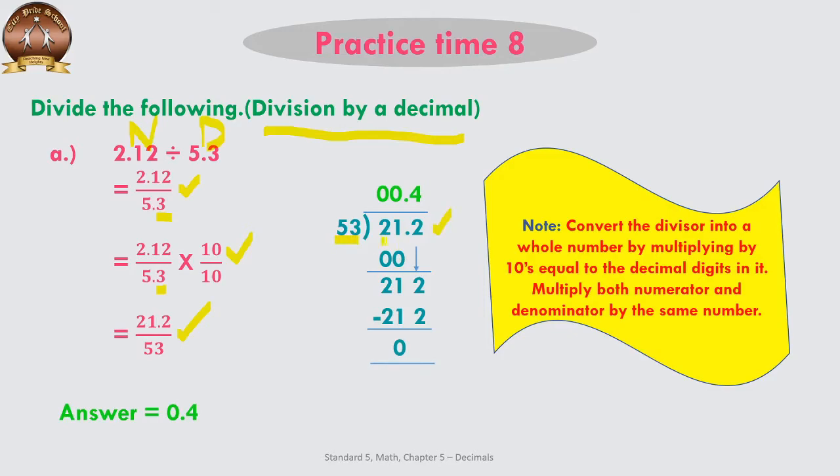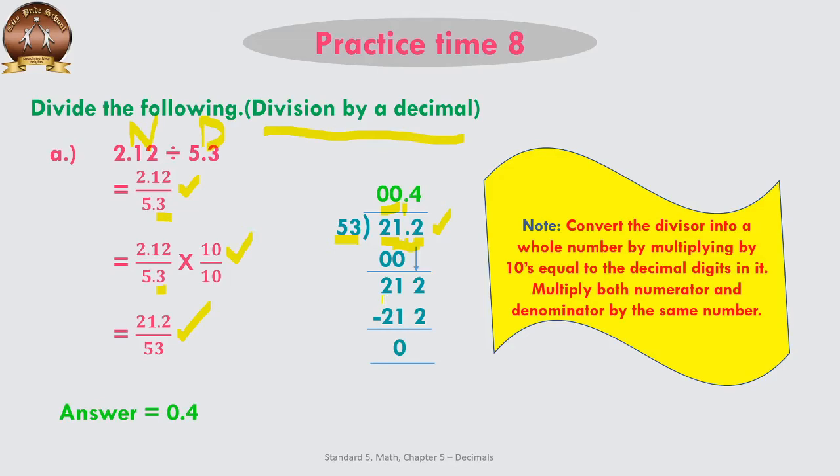We cannot divide 21 by 53, so we add a decimal, and before the decimal we add a 0. We have added a decimal over here and here. Why? Because this number had a decimal first, and because we are using 2 after the decimal, we put a decimal in the quotient as well.